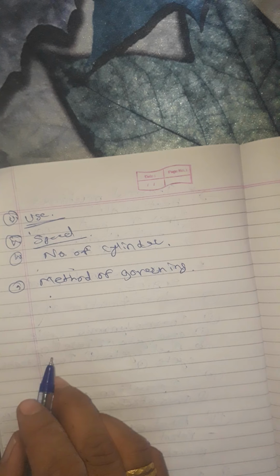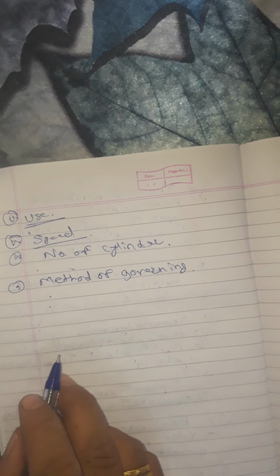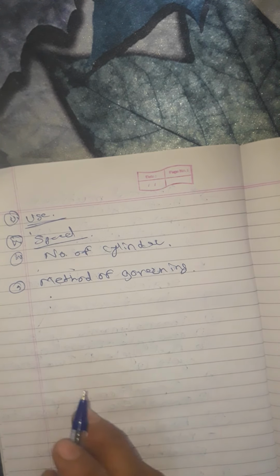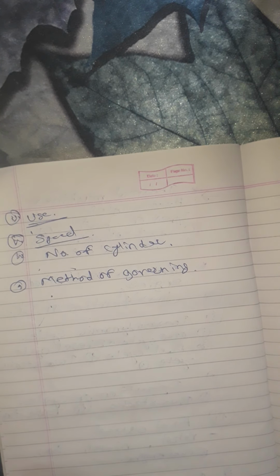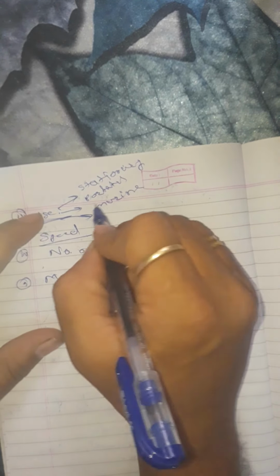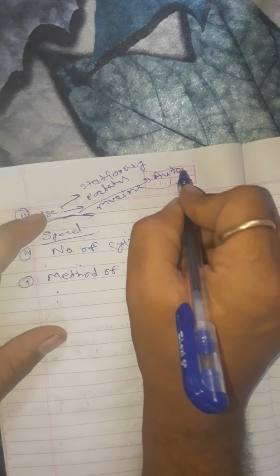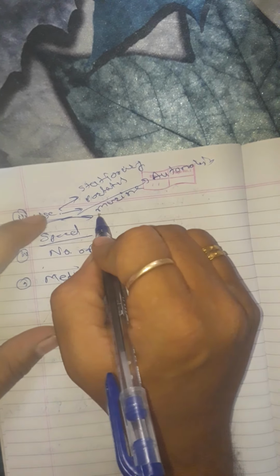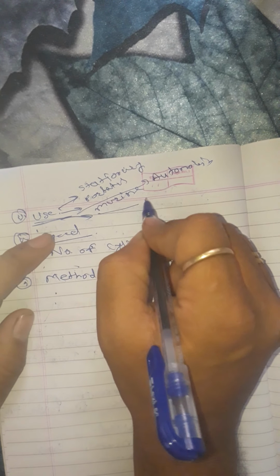So this is all about the types of IC engine. You have to write them one by one. In this, I will write here also. First, use: stationary, portable, marine, next automobile, next aero engine.